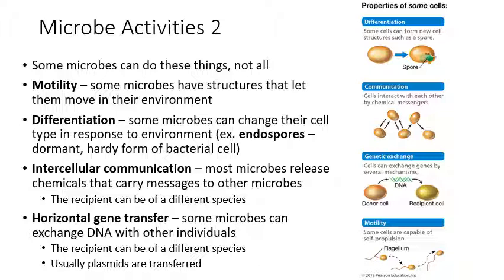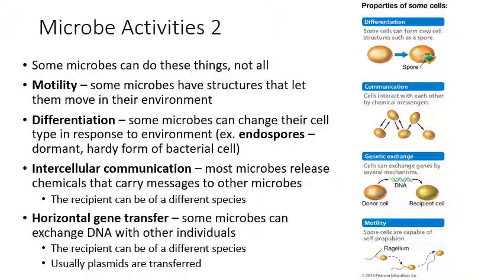Then you have finally horizontal gene transfer, which means transferring DNA between individuals. Not all microbes can do this, only some. And there's actually multiple different ways that you can do this. We'll talk about the specific ways that you can do horizontal gene transfer later in the semester.